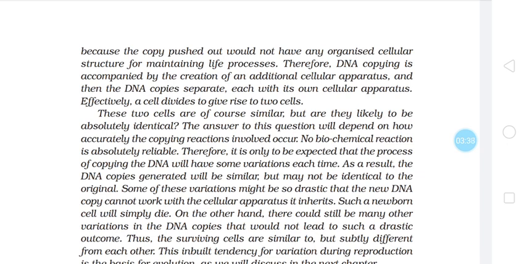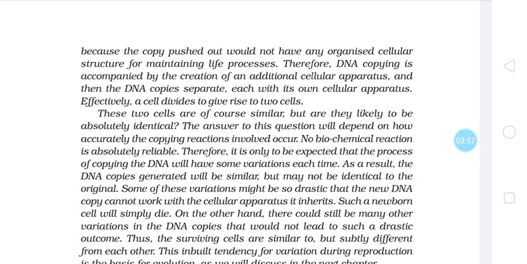Therefore, DNA copying is accompanied by creation of an additional cellular apparatus, and then the DNA copy is separated, each with its own cellular apparatus. Effectively, a cell divides to give rise to two cells.